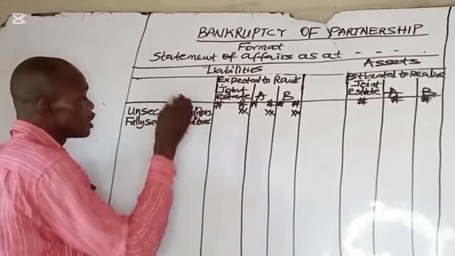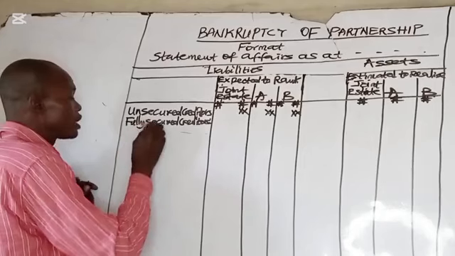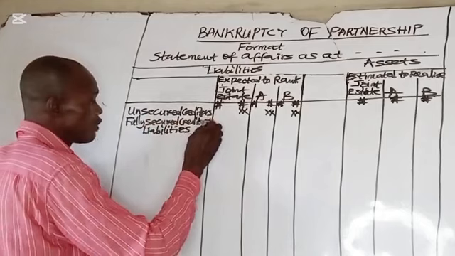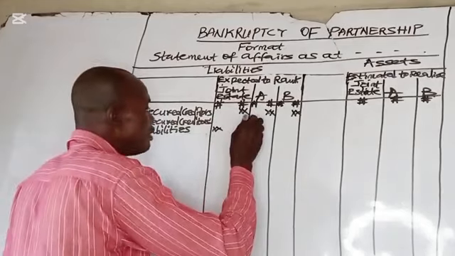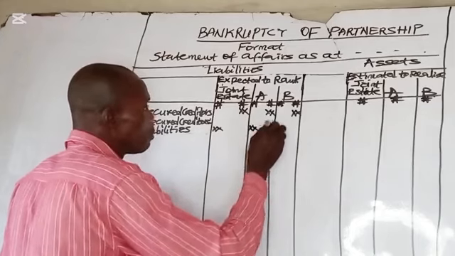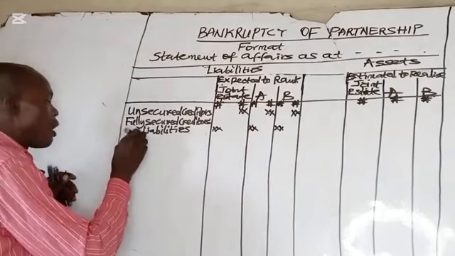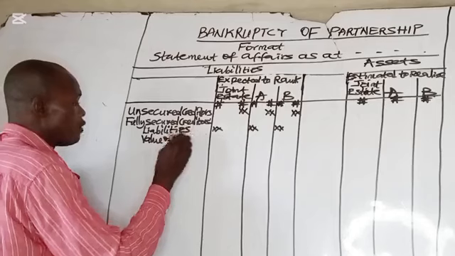Then the amount of the liabilities attributable to fully secured creditors, we put that under the first naira. If A has any fully secured creditor, you put it in A column, and if B equally has, you put it in B column. Then you have value of collateral, or value of security.